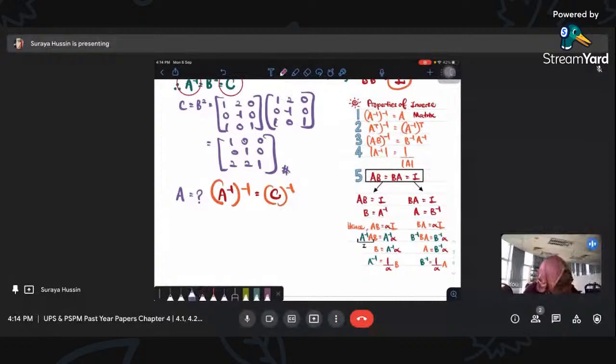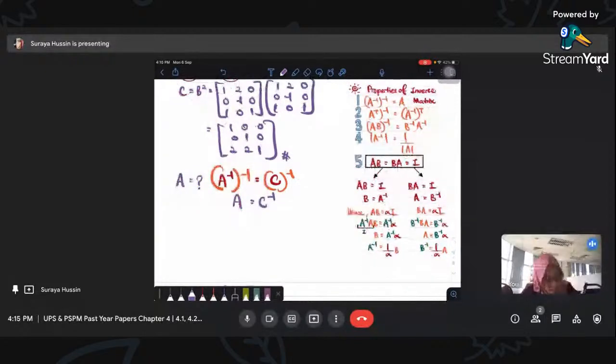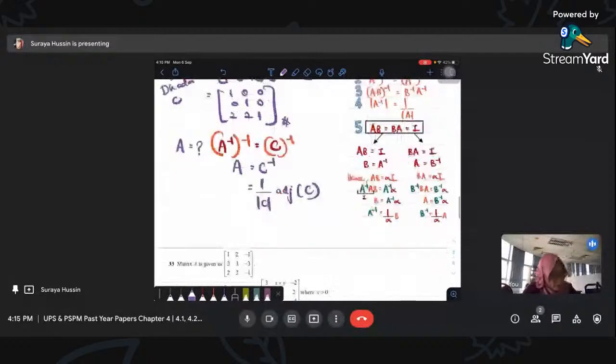But this A will be equal to C inverse. So C inverse, can you find it? Of course you can, because you already have C. You can find C inverse using the adjoint matrix. The adjoint formula is 1 over the determinant of C times the adjoint of C. And you have to do a very, very long solution.